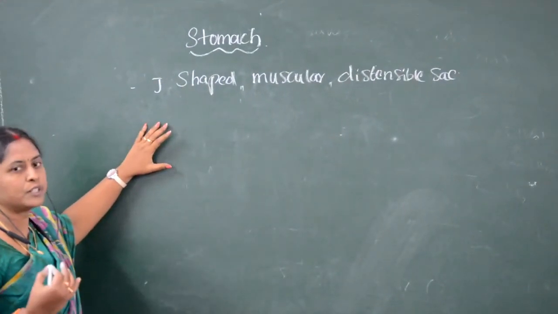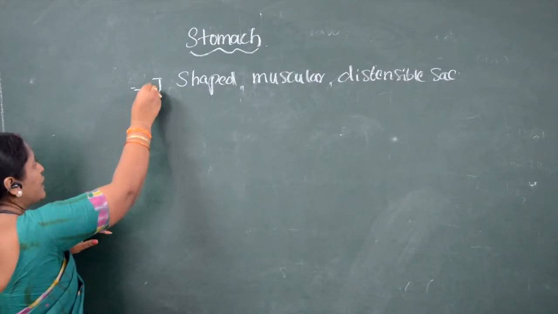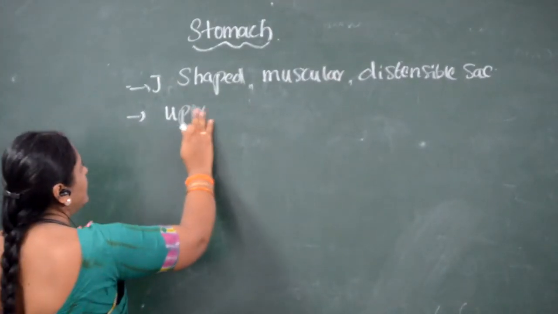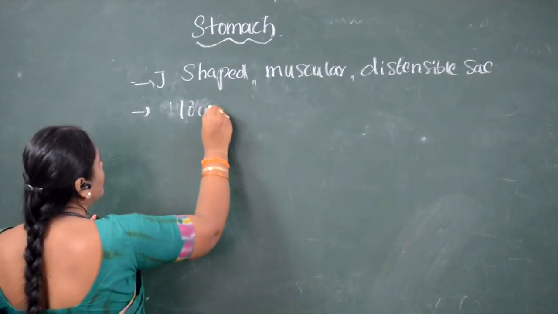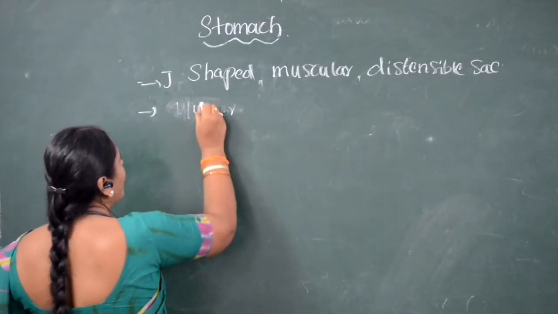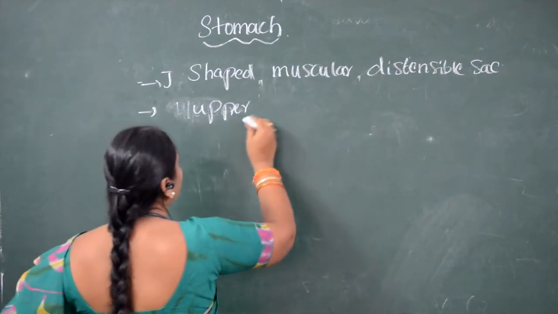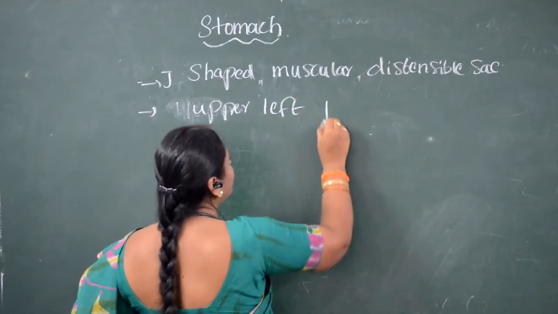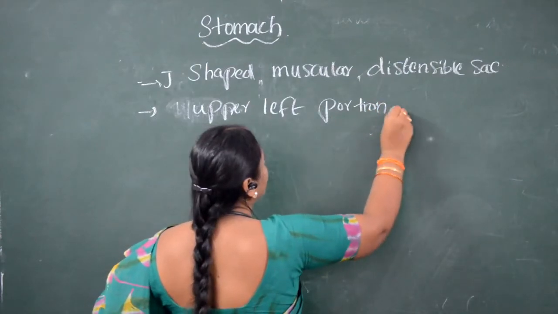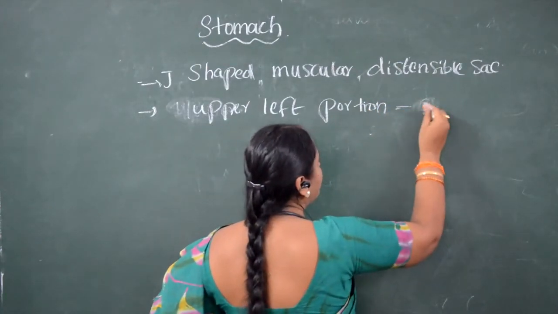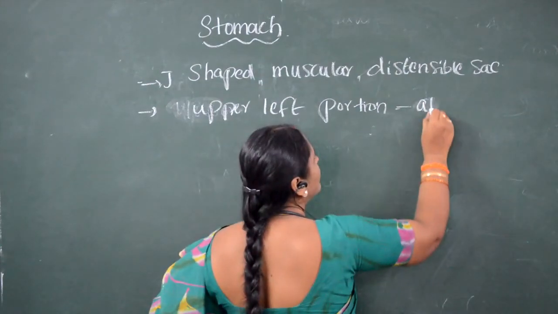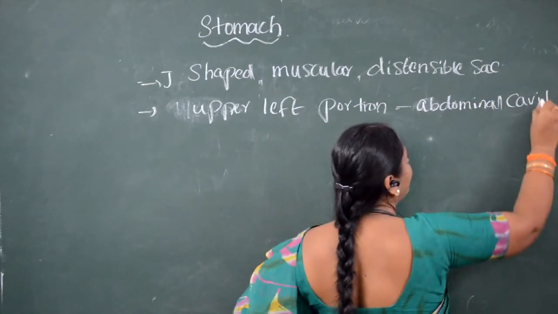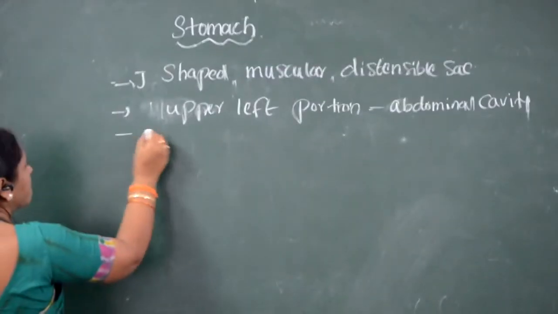If you see the location of the stomach, it is present towards the upper left portion of the abdominal cavity, below the diaphragm.